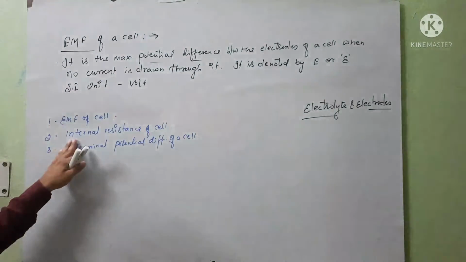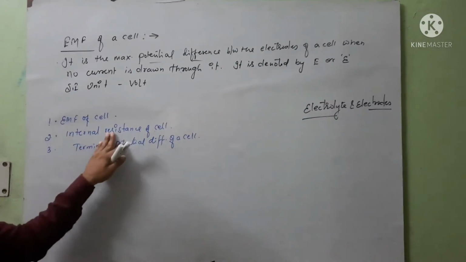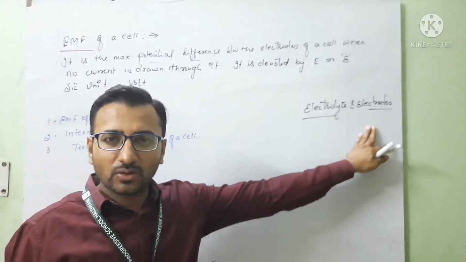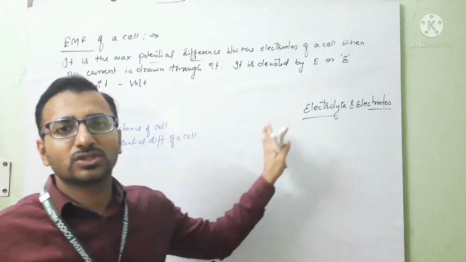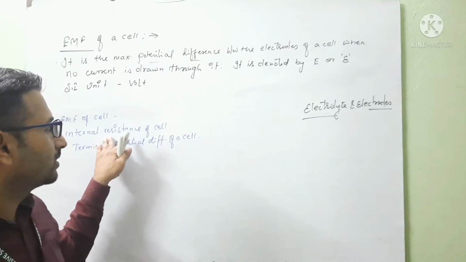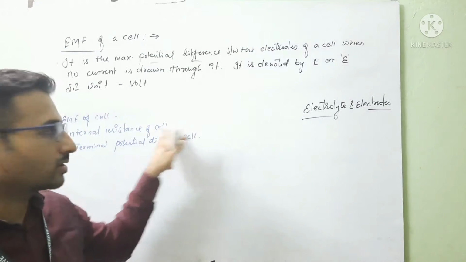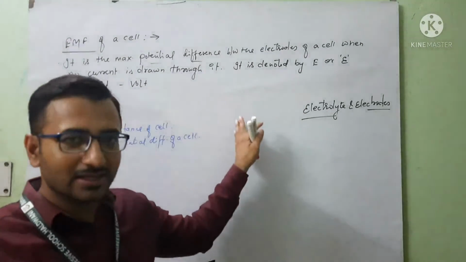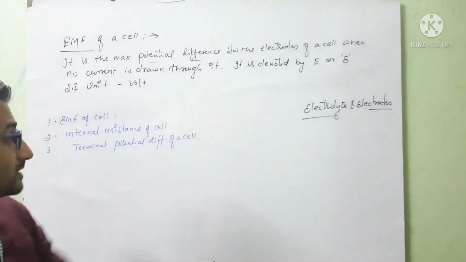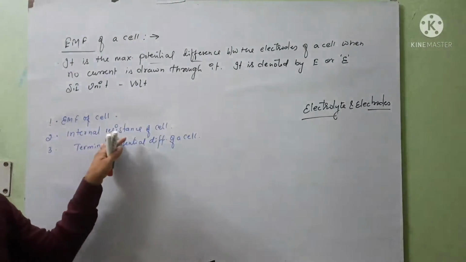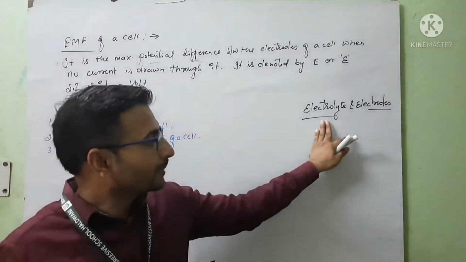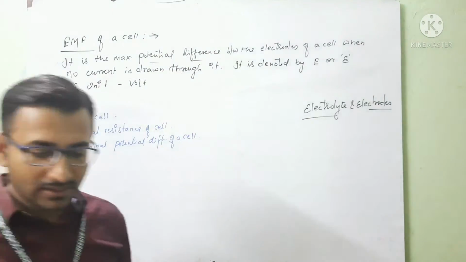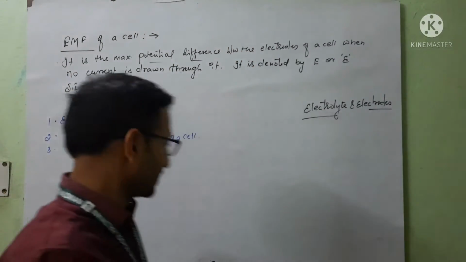So internal resistance is the resistance offered by the electrolyte and the electrodes of a cell when no current is drawn through it. Means when no current is drawn by the cell in the given circuit, the resistance offered by the electrolyte and electrodes of the cell is called its internal resistance, and it is denoted by small r.